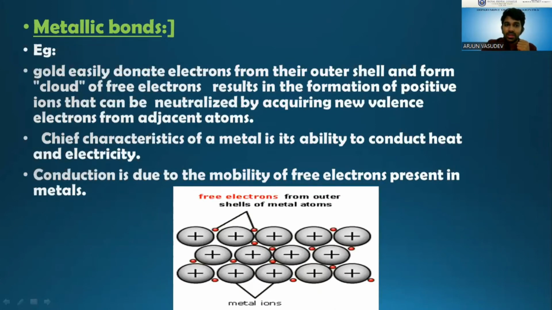Example, gold easily donates electrons from its outer shell and forms a cloud of free electrons, resulting in the formation of positive ions that can be neutralized by acquiring new valence electrons from adjacent atoms. The chief characteristic of a metal is its ability to conduct heat and electricity. The conduction is due to the mobility of free electrons present in metals.